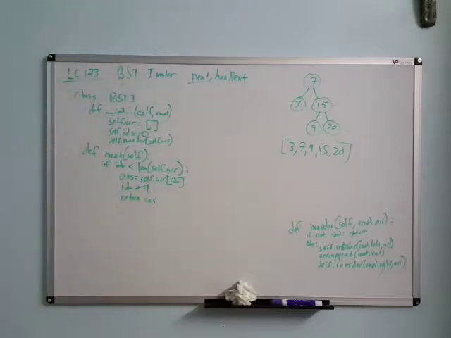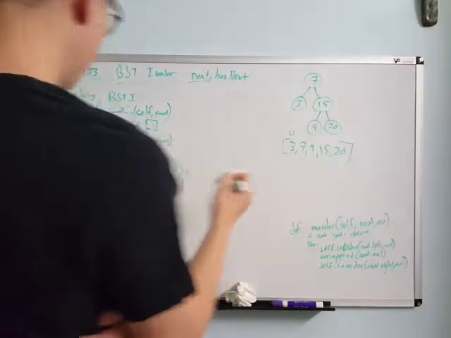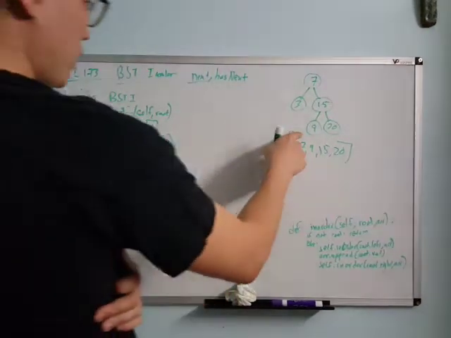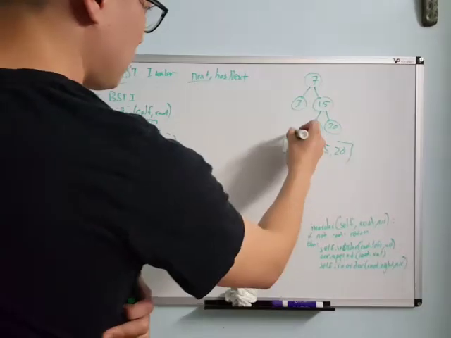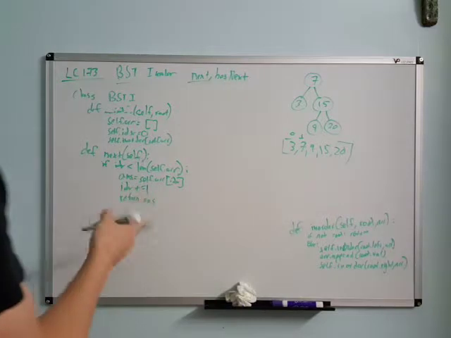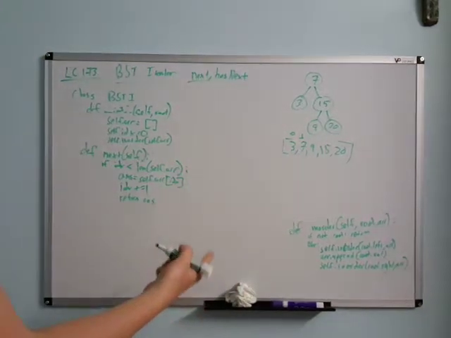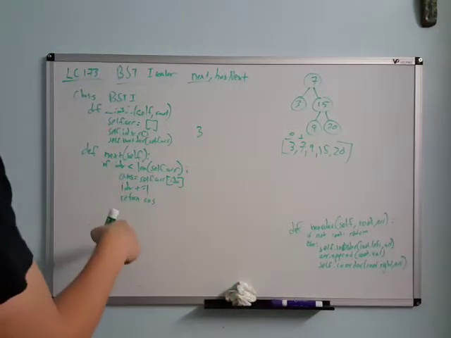So let's see if that would work. Here, idx is at 0. Answer is going to be this. We're going to store that, increment idx over, and then return this answer. We're going to return 3. So we do that. Boom, done. We call it again.